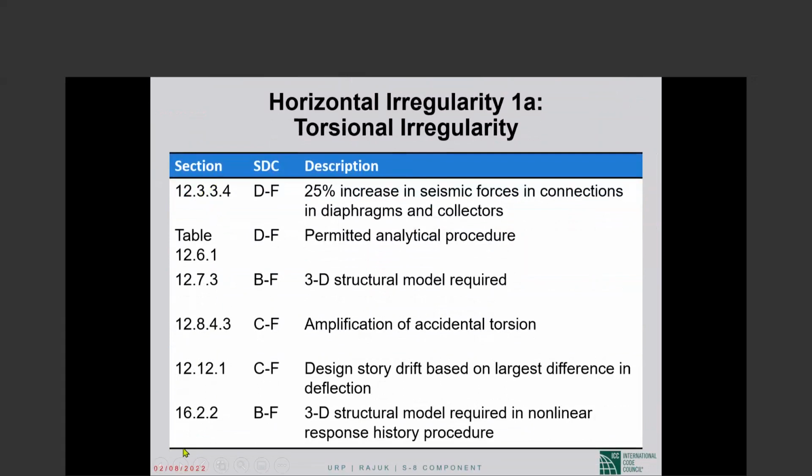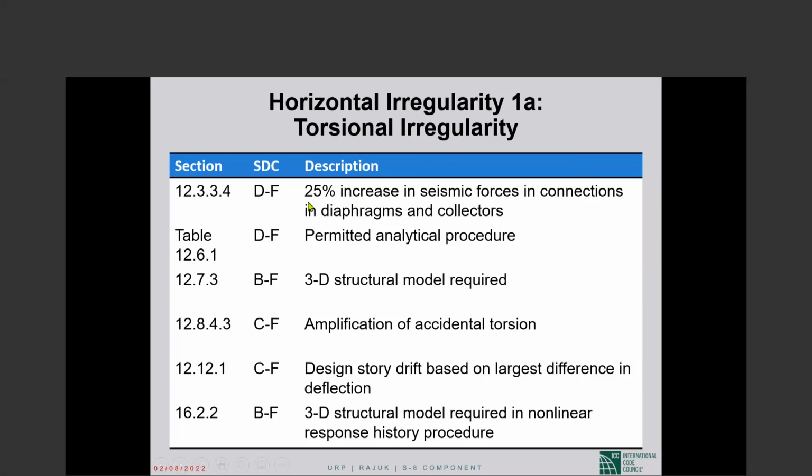We have to abide by all of those requirements. The requirements sometimes apply to, not all of them are for all seismic design categories. This requirement applies in seismic design categories D through F. This one, however, B through F. So that column is kind of important.